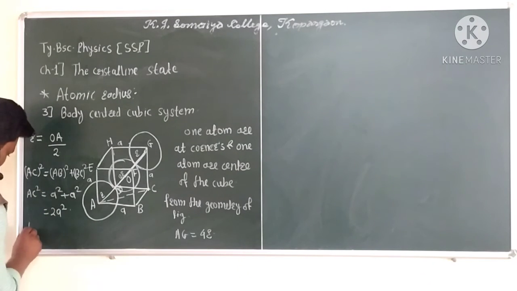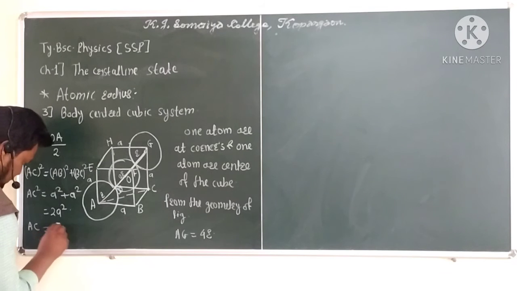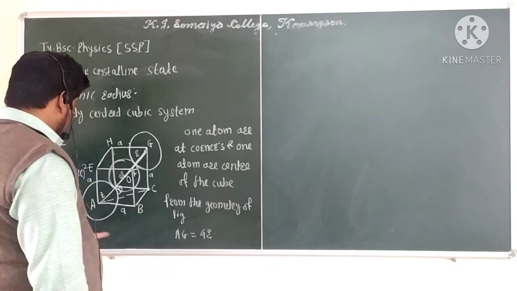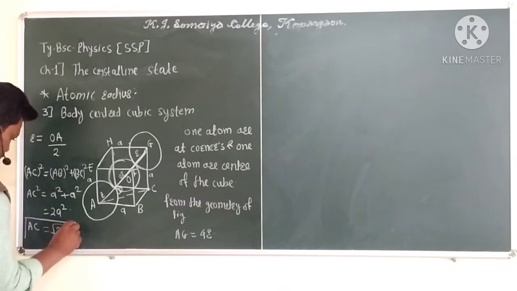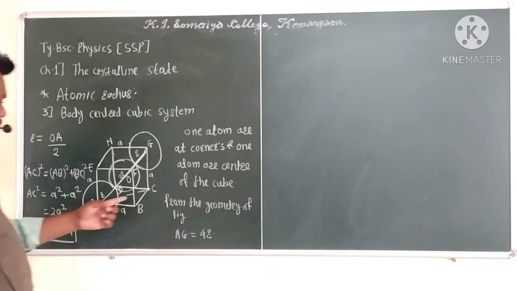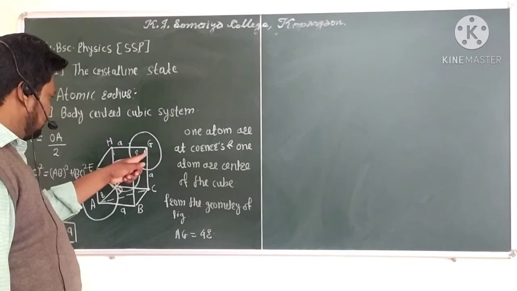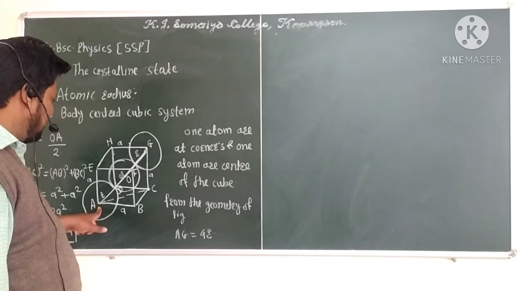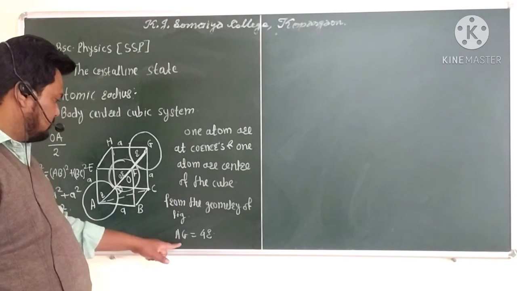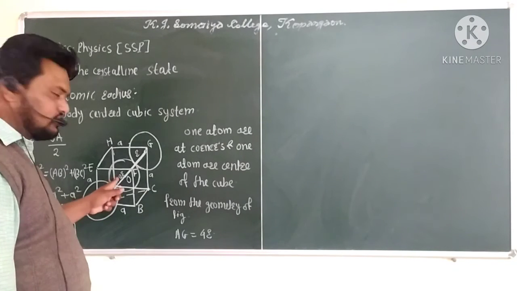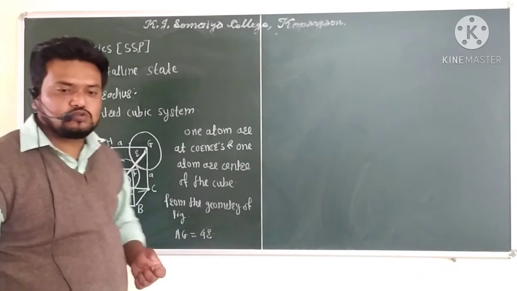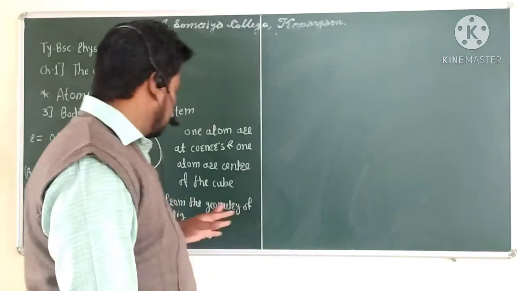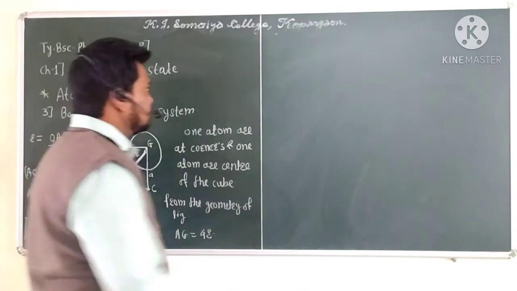So AC is equal to root 2 into A. This is about AC. But consider the total hypotenuse side, which is AG, and this AG is R plus 2R plus R, so the total distance is 4R. Now consider the right angle triangle ACG.